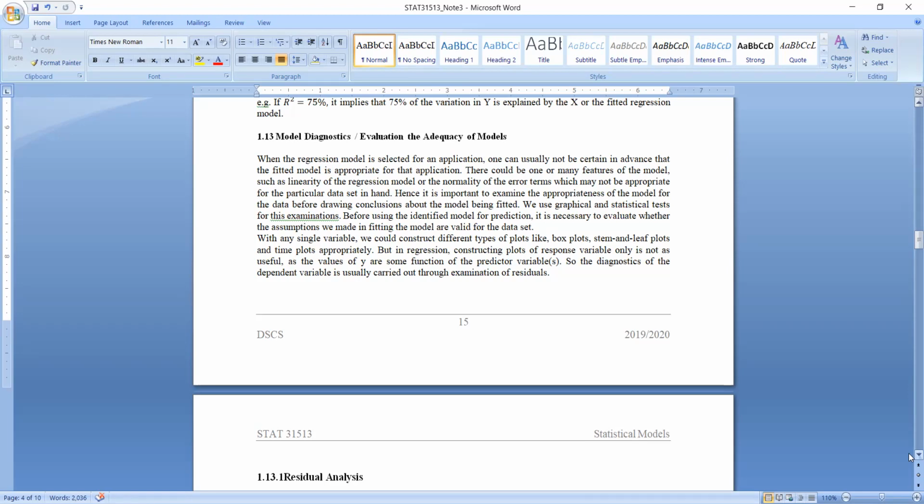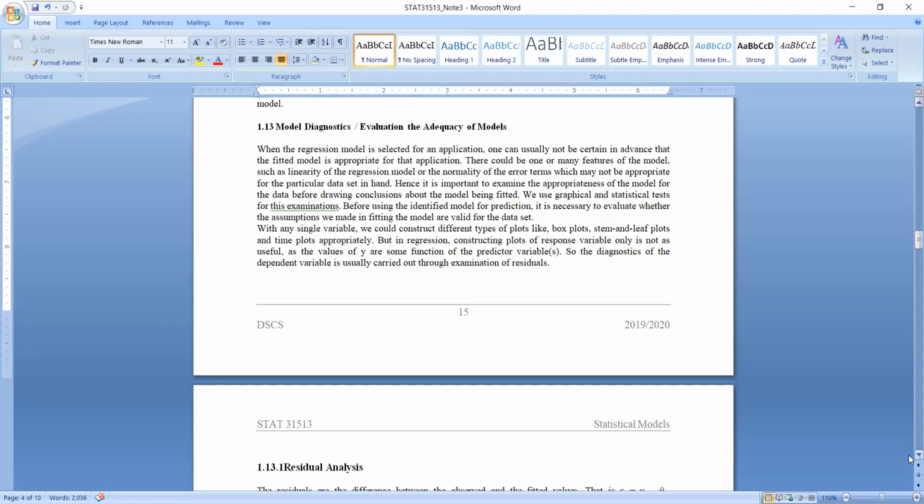But when it comes to regression, you have at least two variables. You have at least one x and one y. So in that case, we can't just use a box plot to check the accuracy of the model. So what we do is we take two variables at a time, and then we check these assumptions.